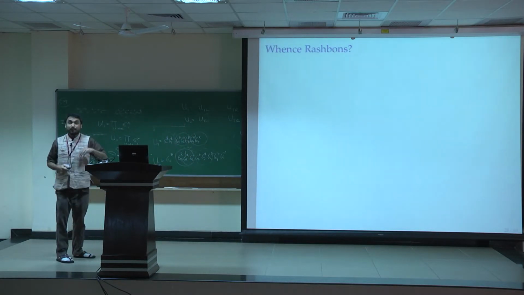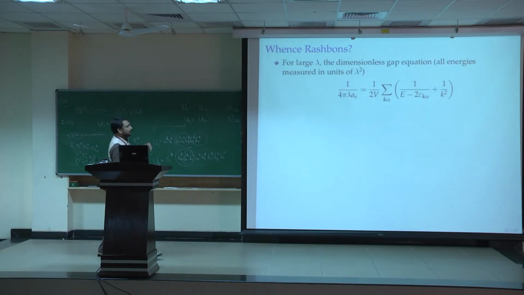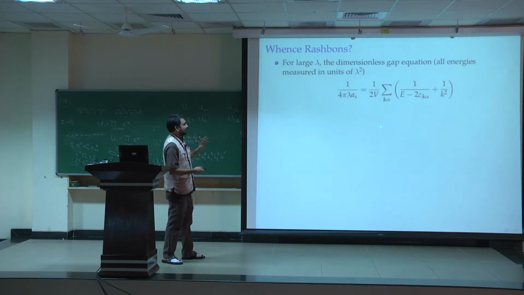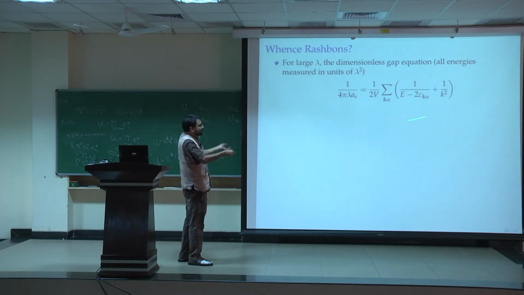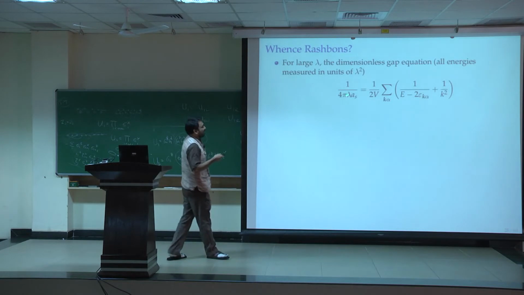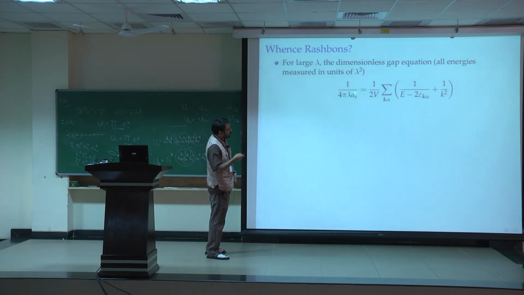So what is the origin of Rashbons? Where does the scattering length go? You can of course look at this in some RG language and so on, which I will not do here. If you simply look at it in some elementary way, if you look at the gap equation, for example, you see that this is the gap equation. And what happens when you send lambda to infinity is that the left-hand side goes to 0.